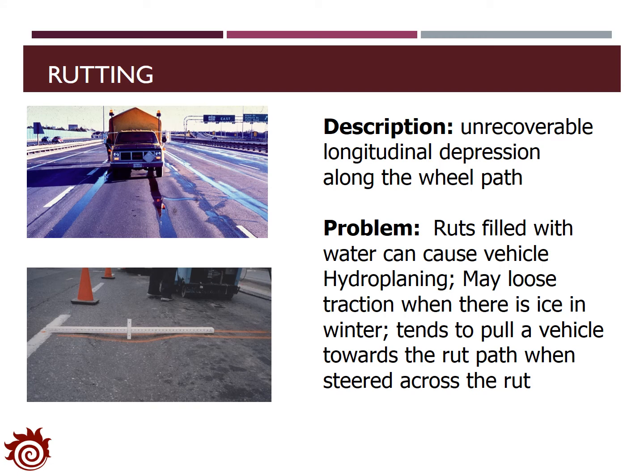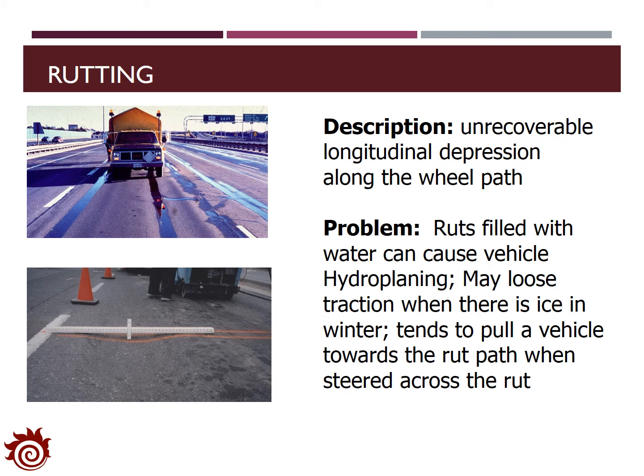Another major distress of flexible pavement is rutting. This type of distress is represented as unrecoverable longitudinal depression along the wheel path. The rutting will cause a lot of problems for the pavement.